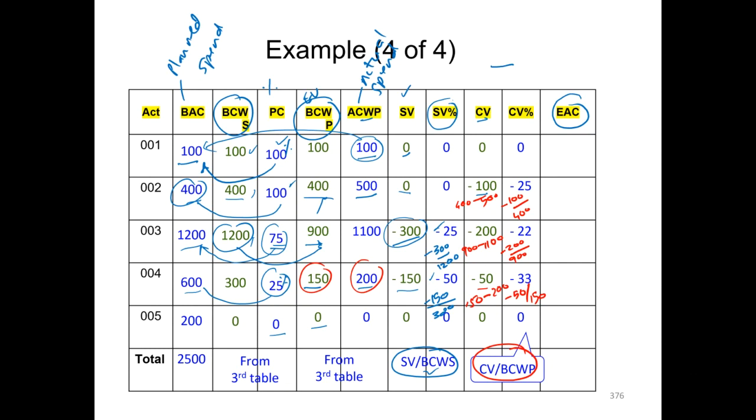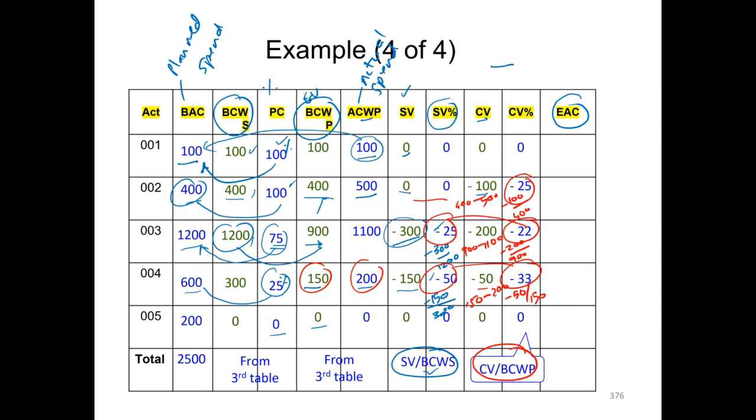So we can see that in terms of time we were okay, but in terms of cost we are performing badly. Here we had a negative answer in terms of schedule and a negative answer in terms of cost: schedule variance minus 50 and cost variance minus 33.